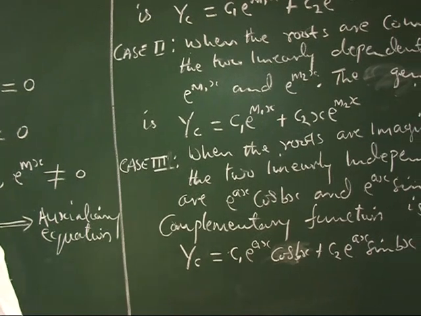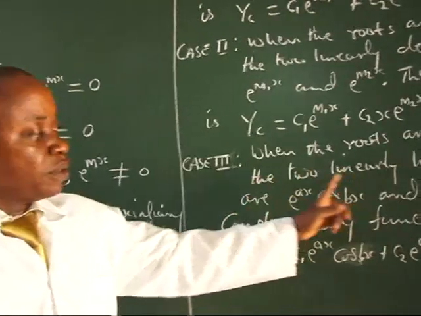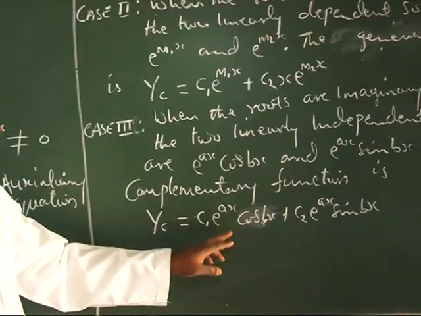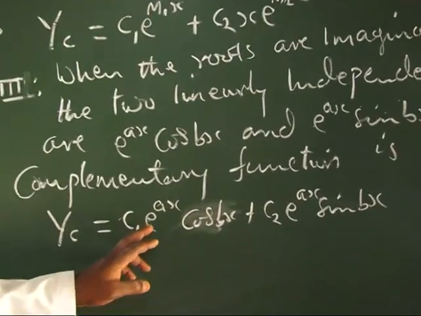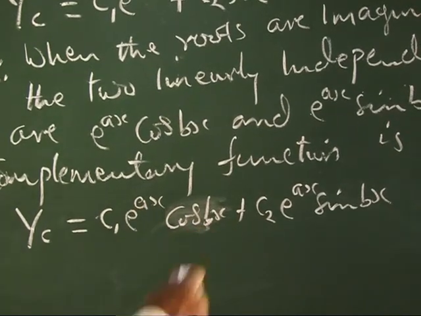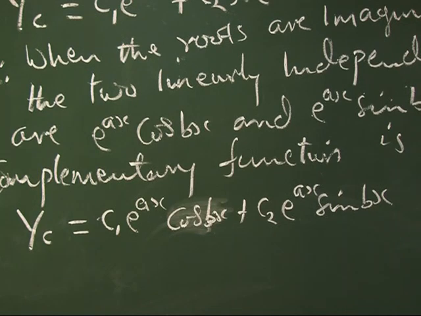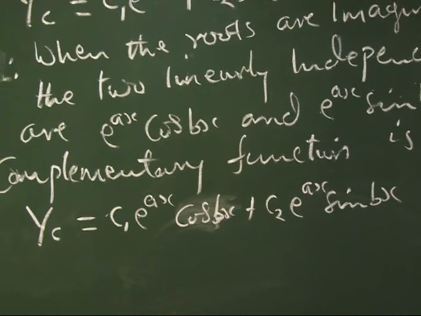Same thing happens for the imaginary roots. See the general solution, which is given by C1 exponential ax cos bx plus C2 exponential ax sin bx.